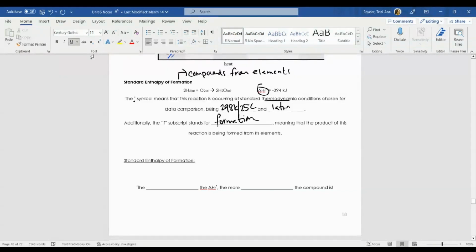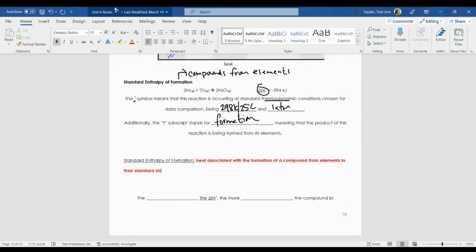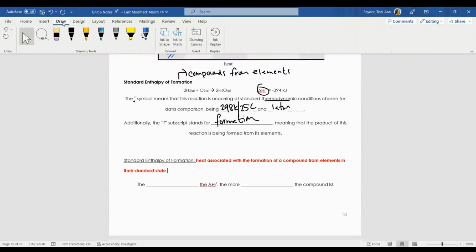The standard enthalpy of formation is the heat that's associated with the formation of a compound from elements in their standard state. So the standard state, again, just means 1 atmosphere and 25 degrees Celsius.